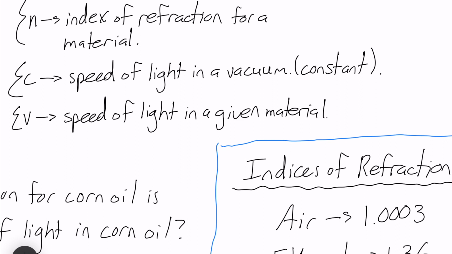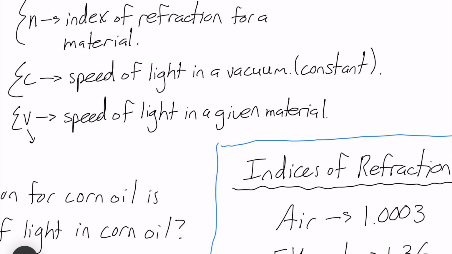Just a quick little tip before we jump into a couple examples. If you ever get a value of v greater than 3.00 times 10 to the 8 meters per second, you have done the question wrong, as the speed of light in a given material cannot exceed the speed of light in a vacuum.